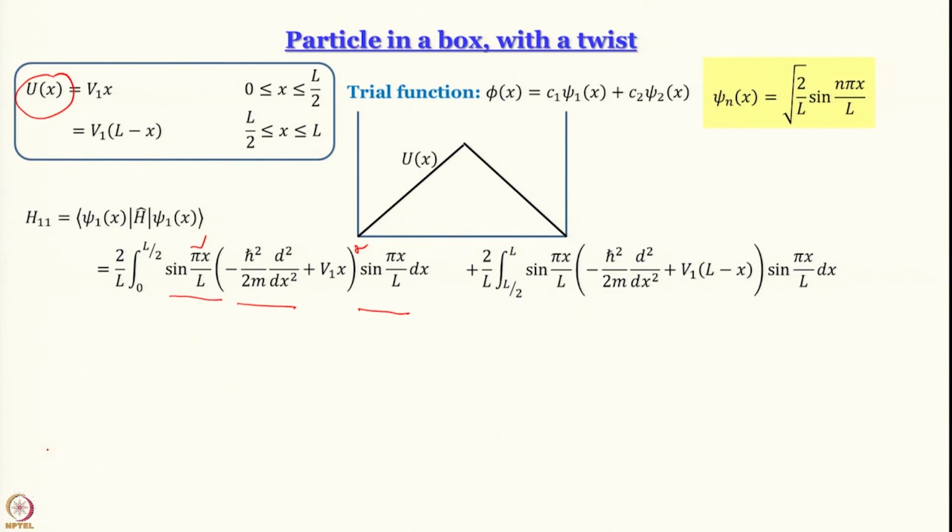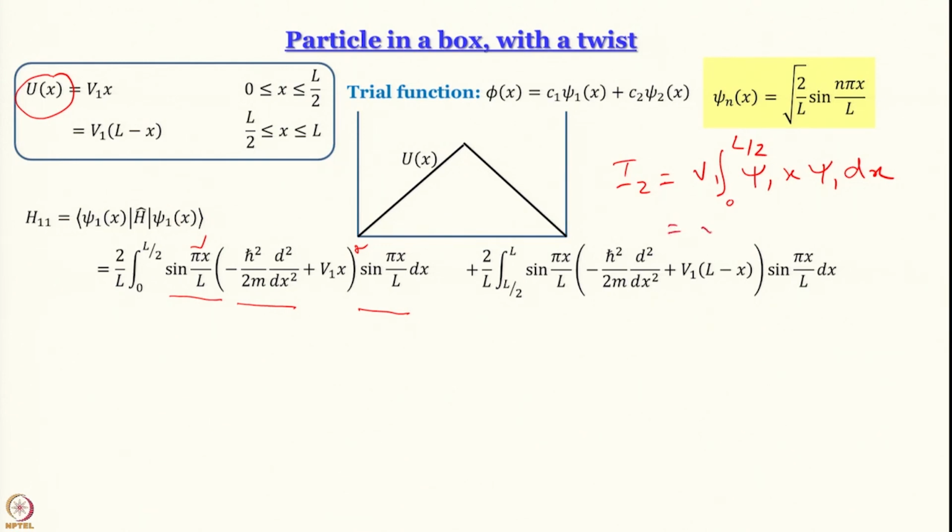What I am saying is I take root over 2 by L sin pi x by L, and I am multiplying it by V1 x, then again sin pi x by L. Will you agree that, I will call it I2, I2 will be equal to integral 0 to L by 2, I can write again psi 1 as we discussed earlier, multiplied by x, multiplied by psi 1 dx, and V1 will come out, is it not? V1 is a constant, remember.